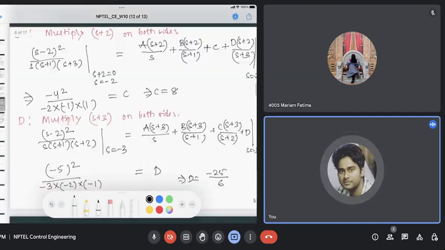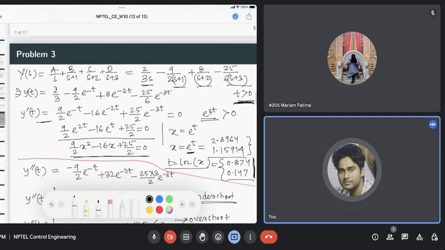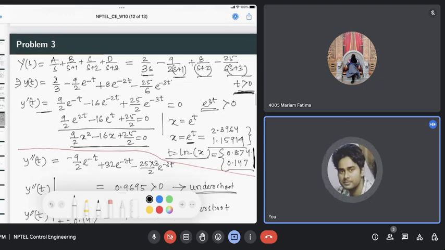Once we have the response of the system, we can find its minimum or maximum value, because the minimum or maximum can occur if the first order derivative is 0. From that we can find the time at which the minimum or the maximum can occur.